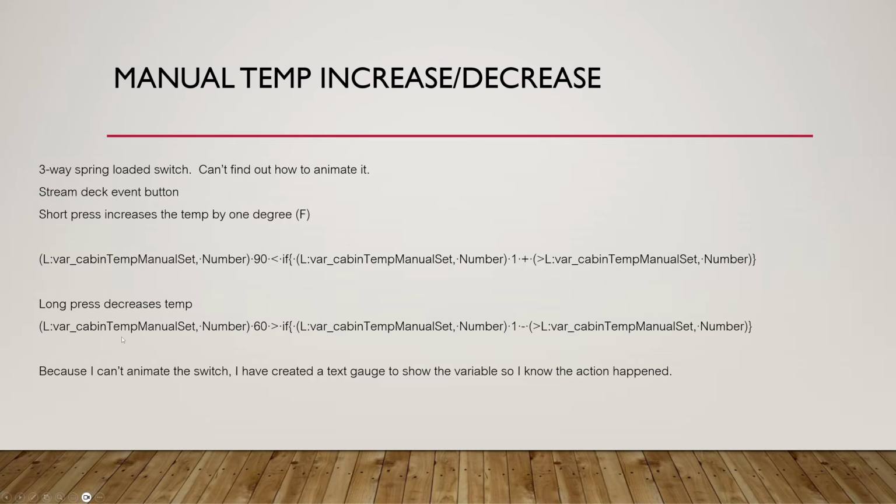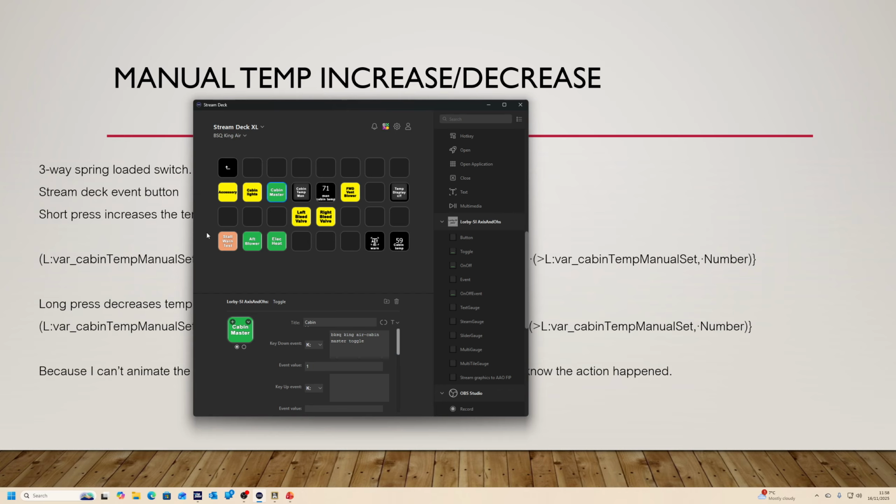The decrease one is again setting a lower limit of 60. As long as it's above 60, look at the value, subtract 1 from it and write it back into the setting. Now, because I can't actually animate the switch, what I've done on my Stream Deck is put a text gauge.